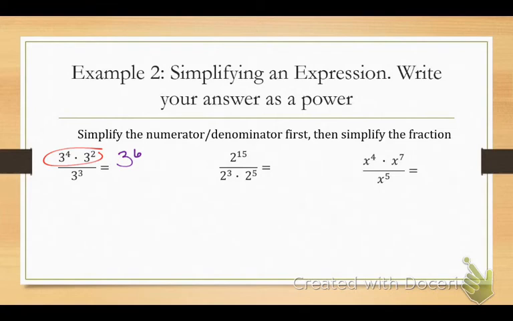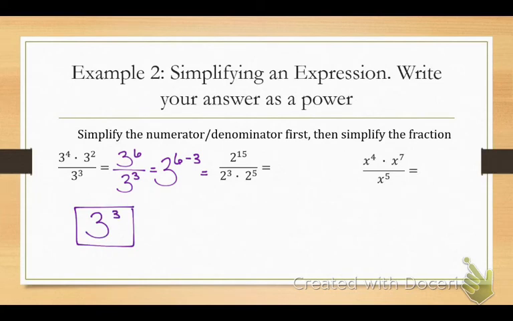All right, so really the only way you're going to go wrong on your quiz and test next week is if you forget when you're supposed to add the exponents, when you're supposed to subtract, that type of thing, okay? So with multiplication, I add, but now what am I doing? Okay, so I've simplified numerator and denominator. Do I need to add my exponents again? No. I need to subtract them. 3 to the power of 6 minus 3 is 3 to the 3rd power.